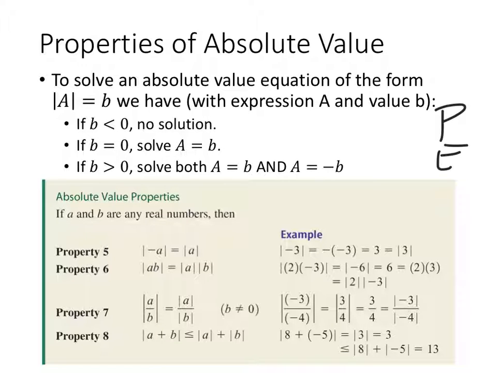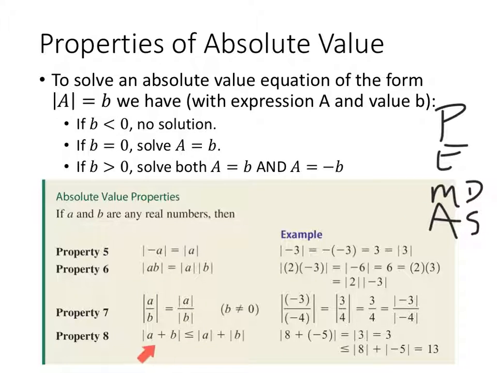P, E, M, D, A, S. Multiply and divide have a level where you can go down. So everything's fairly straightforward with multiply and divide. When it comes to add and subtract, there's nothing lower. So sometimes our rules get weird when it comes to add and subtract, and that's what we see here in property 8.